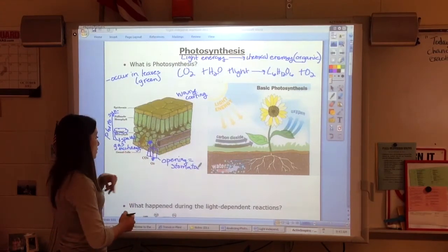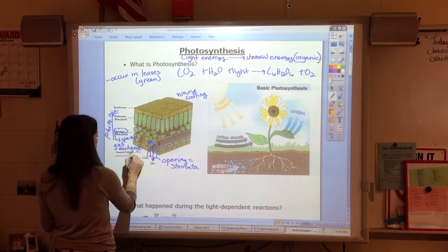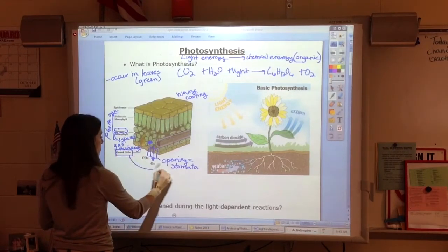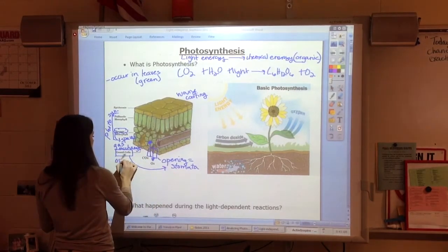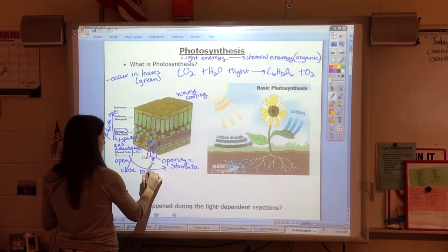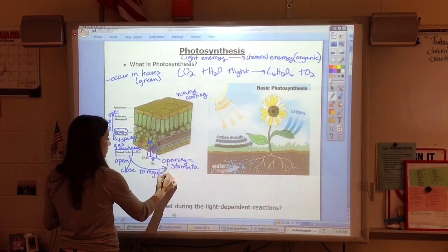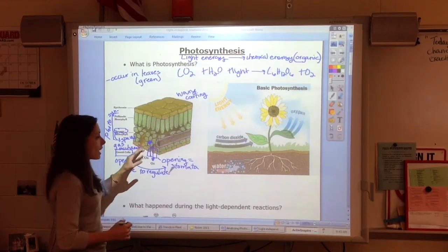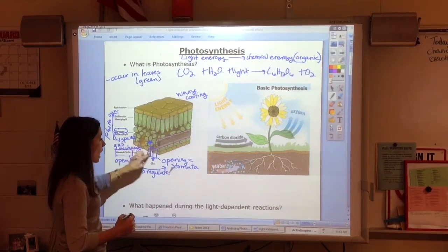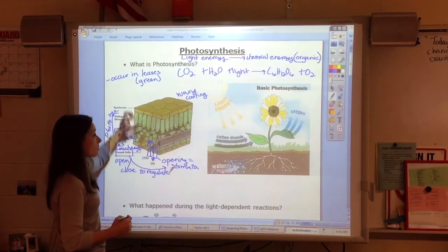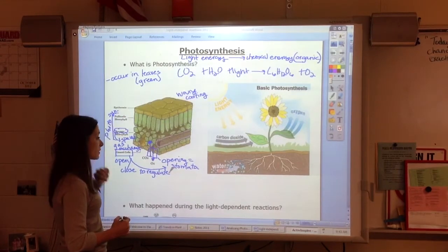And that opening is actually created by cells called guard cells. So the guard cells will actually open or close to regulate this opening, called the stomata. And these are usually found in the bottom layer of the cell. We don't see a lot of stomata up here at the top.